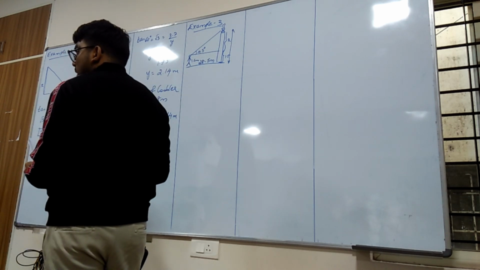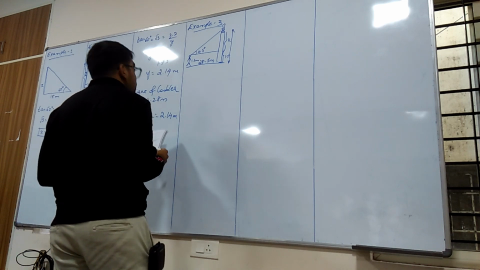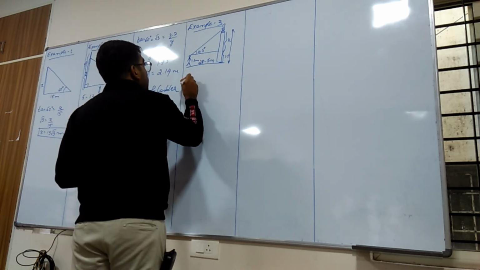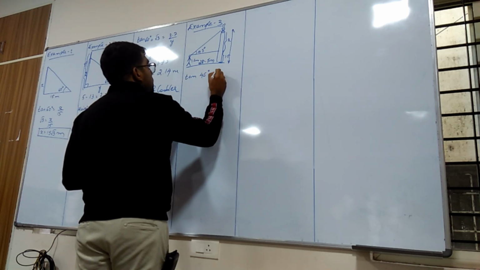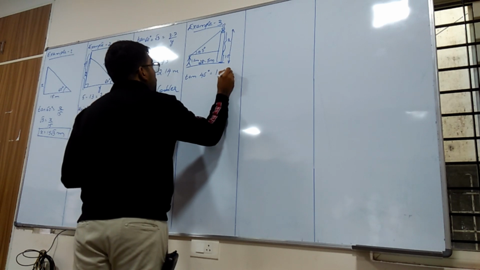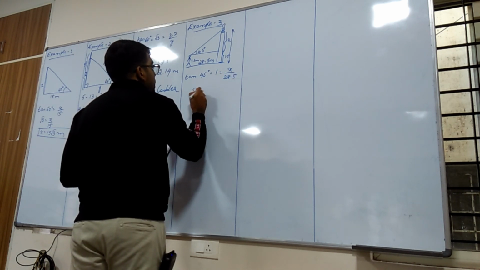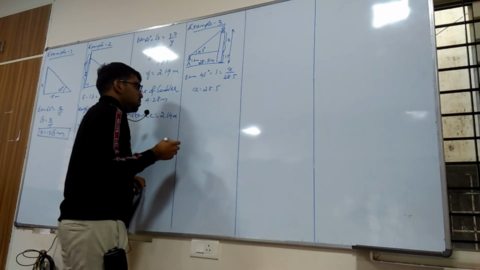Horizontal. Parallel. So tan 45 degree is equal to 1, which is equal to x by 28.5. So x is equal to 28.5.